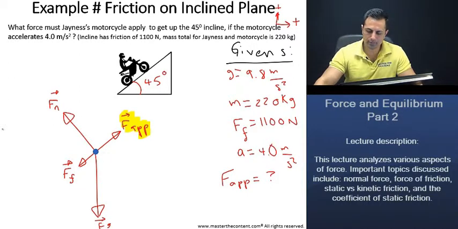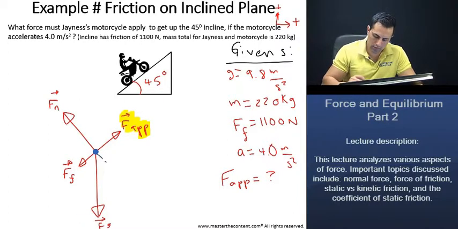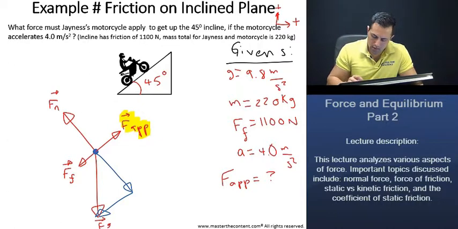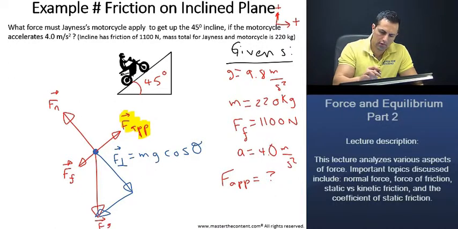Now, again, because the axis here is rotated, we'll go ahead and break the force of gravity right down into its components. Wonderful. And the perpendicular component for the force of gravity is just going to be mg cosine theta, and before I forget, the angle in here is also just 45 degrees.